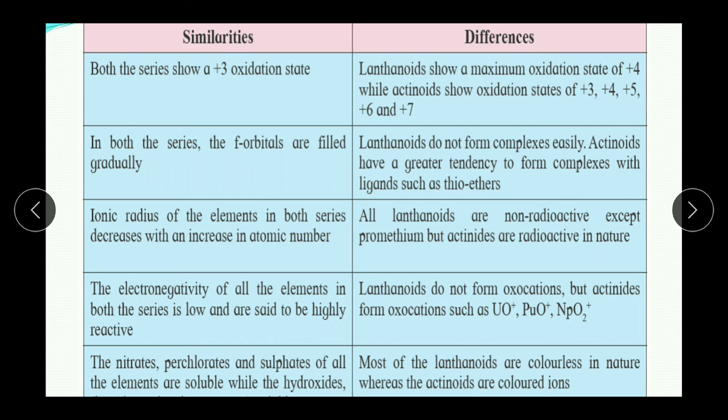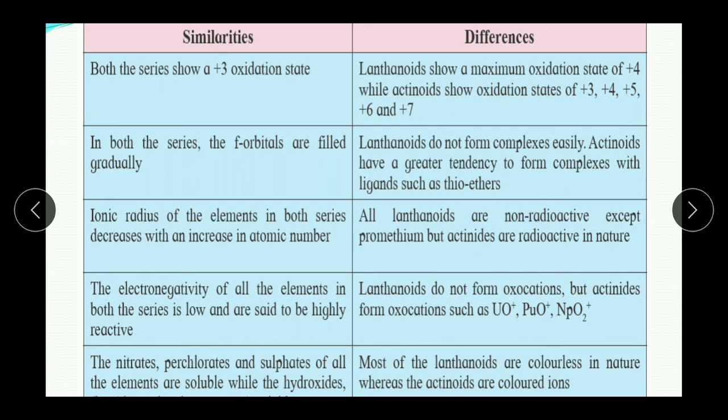Atomic numbers 58 to 72 are not radioactive. But actinides are between atomic numbers 90 to 103, that is above lead, above 82. Hence, all actinoids are radioactive. And in lanthanides, only promethium is radioactive.